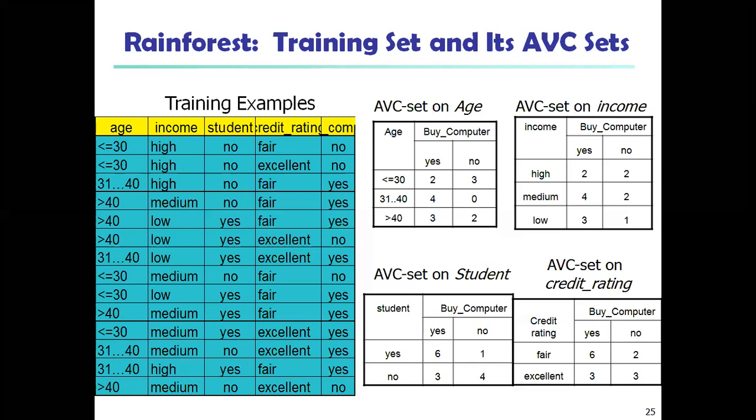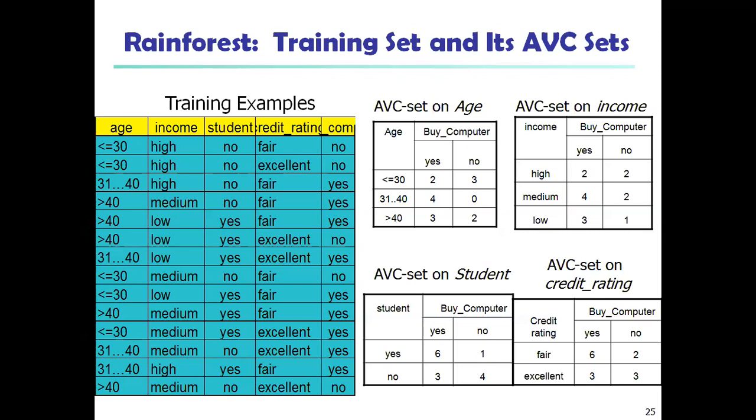Do all 4 highs buy the computer? No. 2 people buy the computer, 2 people do not. Similarly, medium, 4 people buy the computer, 2 people do not, totally 6 people. And the income is low, 3 people buy the computer and 1 person does not. That is the AVC set on income.